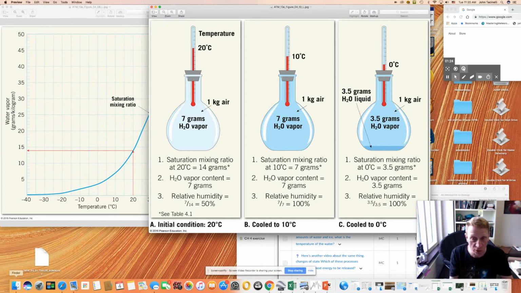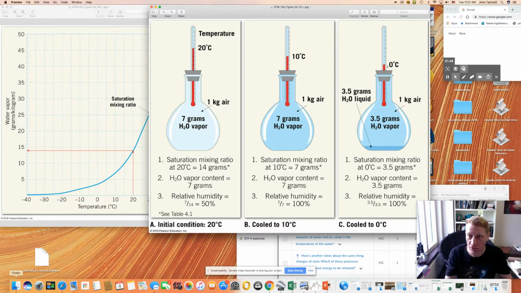But what if we push it lower? Then you're going to have to condense. So at this point, it's saturated, and the dew point temperature of this air was 10 degrees, right? It chilled down to 10 degrees, and it started to condense.